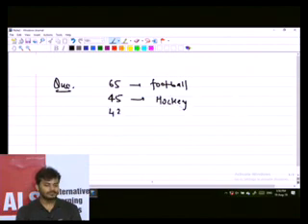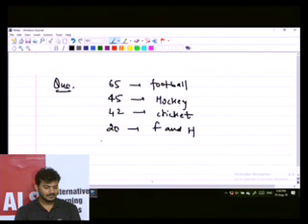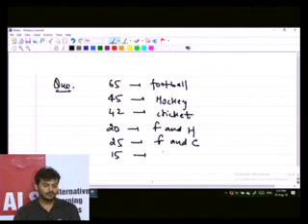And 42 play cricket. Okay. 20 play football and hockey. 25 play football and cricket. 15 play hockey and cricket.